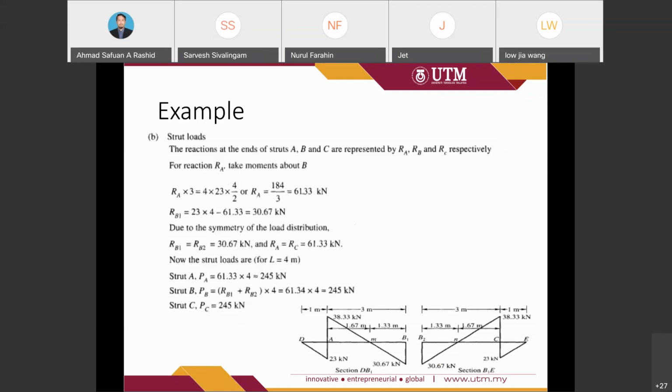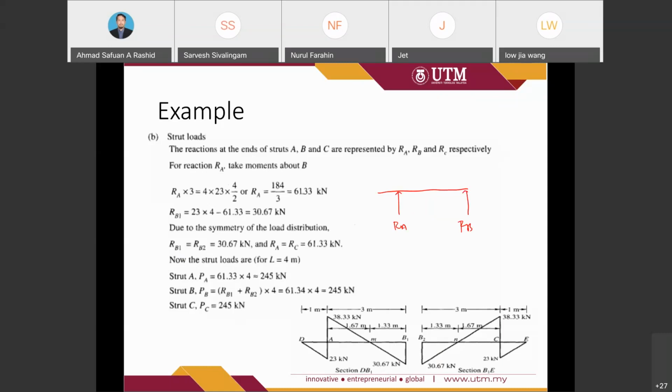So it's similar to what we design, for example, for the beam. We need to know the shear stress diagram and also the moment diagram. Okay, so we have here RA, for example, and then we have here RB.